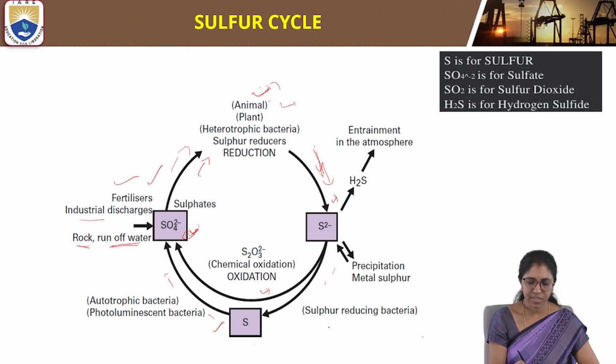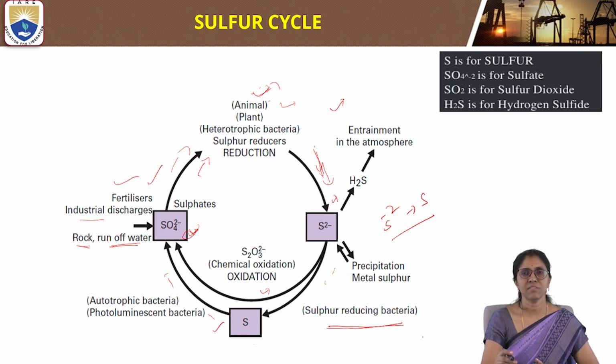By using sulfur reducing bacteria, this S minus 2, sulfide, is converted into sulfite. So in this cycle, sulfur moves in different forms from one place to another. This is the sulfur cycle, and it is very important to our ecosystem.